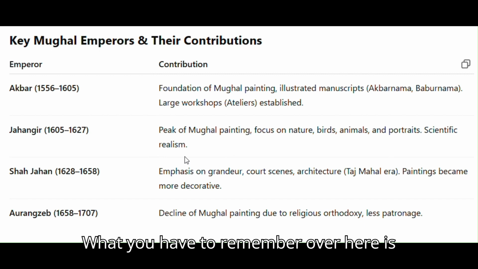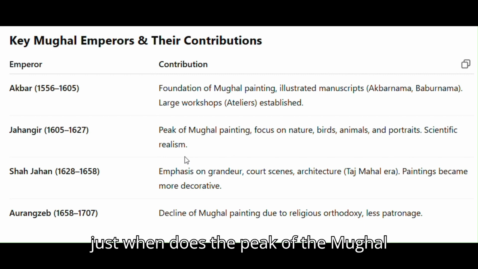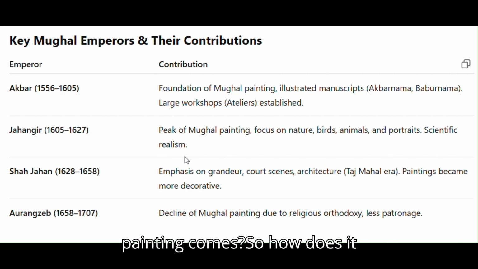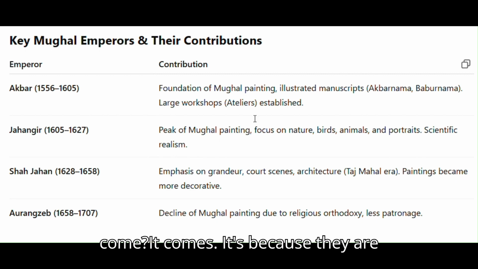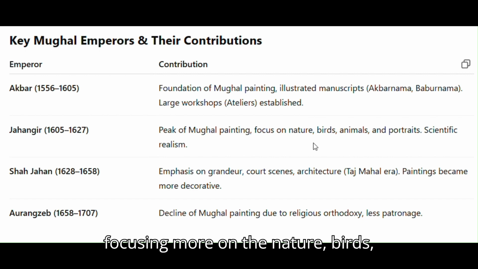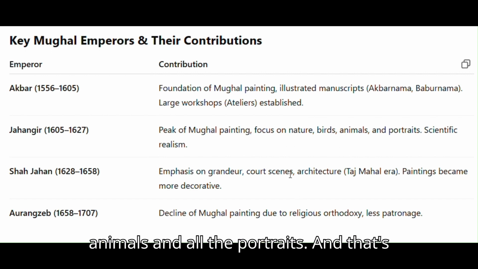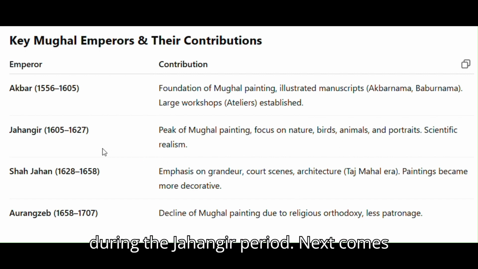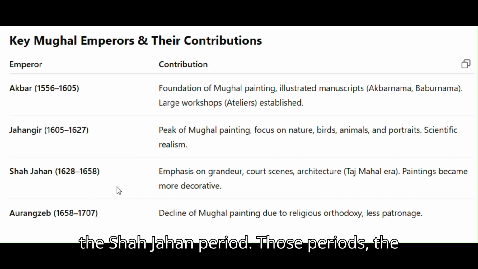What you have to remember over here is when the peak of the Mughal painting comes. It's because they are focusing more on nature, birds, animals, and all the portraits, and that's during the Jahangir period. Next comes the Shah Jahan period.